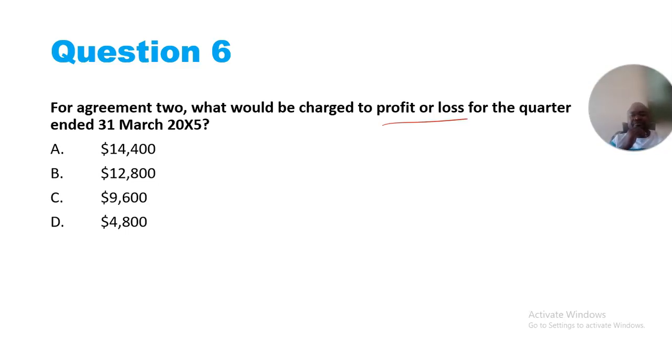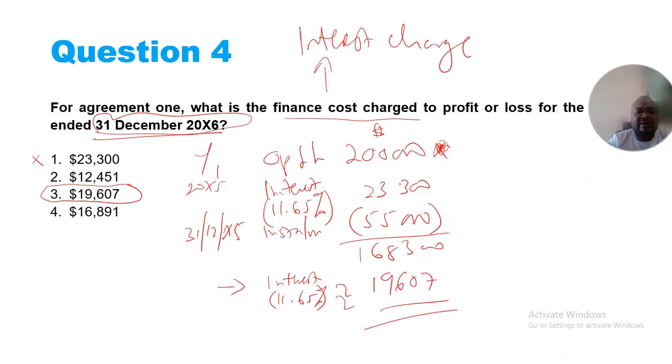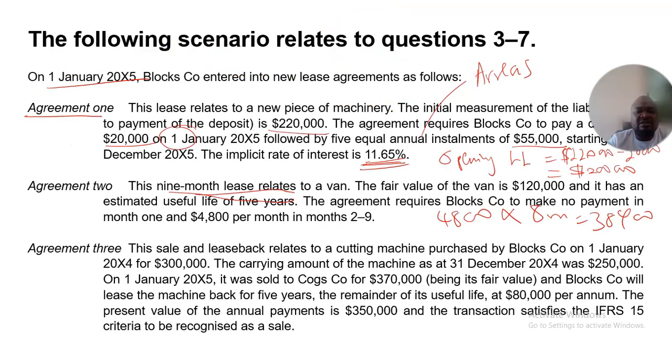So what would be charged to profit or loss for the quarter ended 31st March 20x5? We entered this lease on 1 January 20x5.